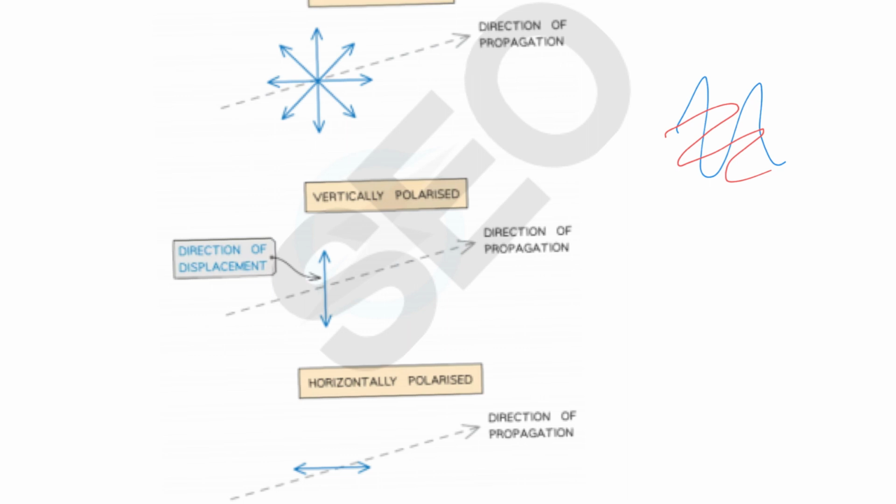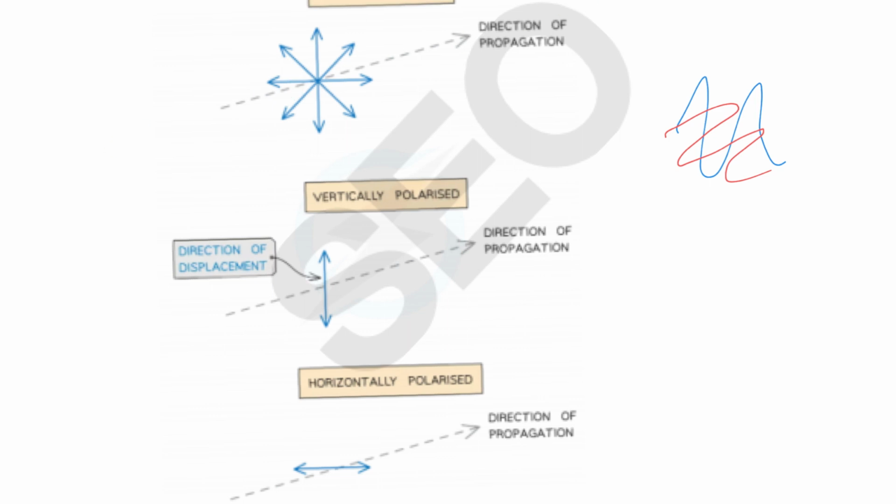We're just assuming that the magnetic field will be 90 degrees to whatever arrows you have here. That means if this represents the electric field oscillation, there will be a magnetic field 90 degrees to it. But it's too messy to draw both fields, so I'm going to stick to just drawing the electric field. So the electric field is oscillating in all directions, which is 90 degrees to the direction of propagation.